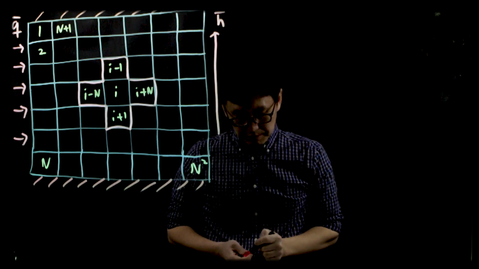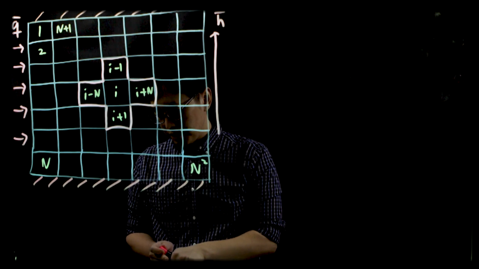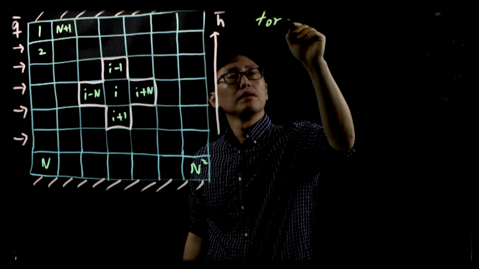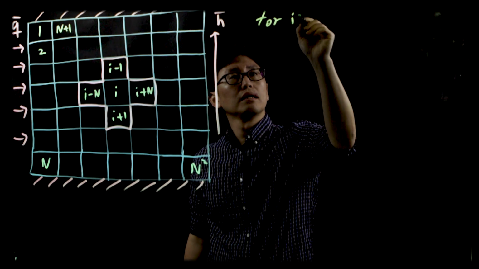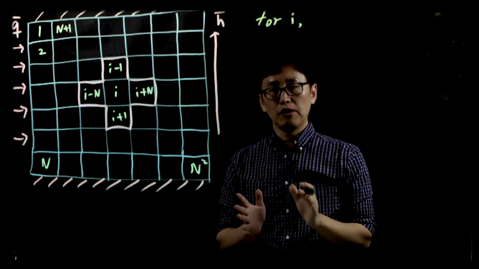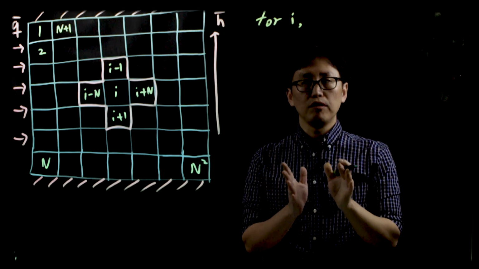So let's begin with the arbitrary cell I. For cell I, we again start from the Reynolds equation and integrate that equation.